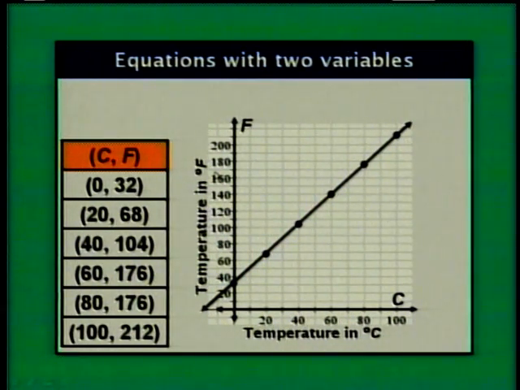When I look at the graph, I see some of these solutions we were just talking about. For example, here is the solution 0, 32. Here is the solution 100, 212. So now, if I take any Celsius temperature, like for example the temperature in Paris, I can calculate the corresponding Fahrenheit temperature using this graph.